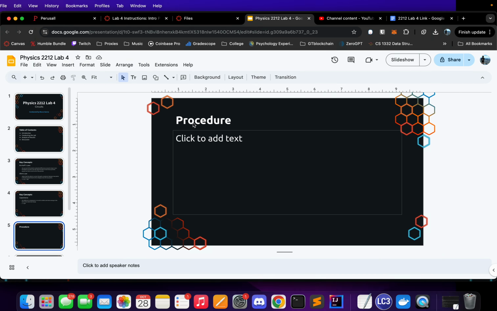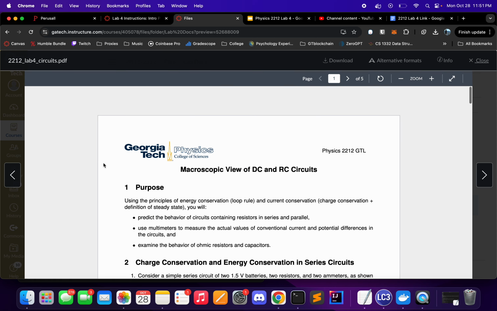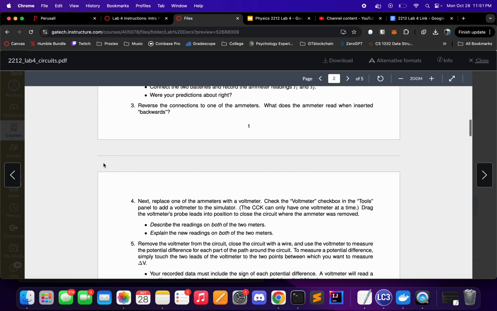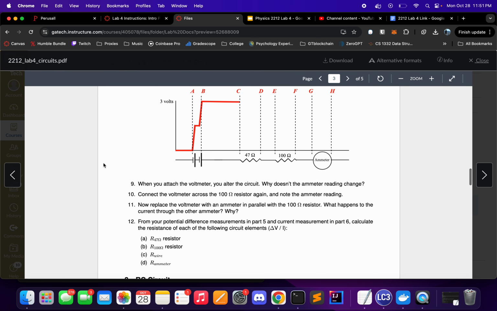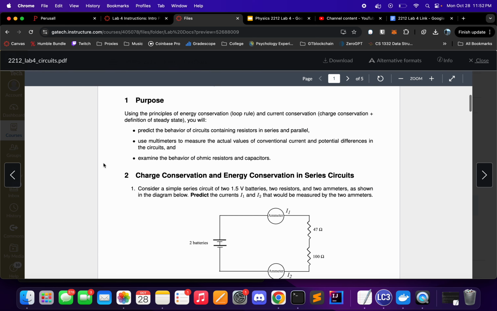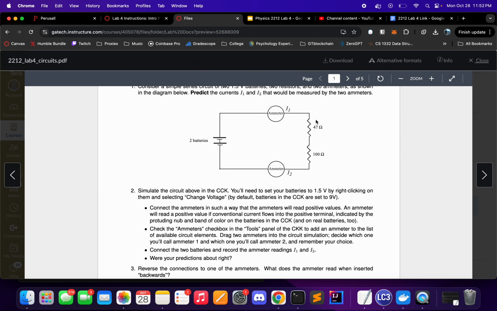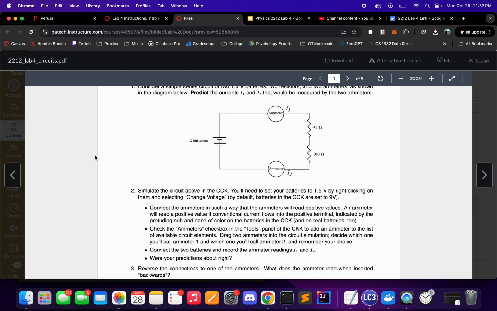And going over the procedure, we followed these, and they were pretty much split into parts. The first part is a pretty simple loop right here, and we made this in the lab and also performed it on the digital version.